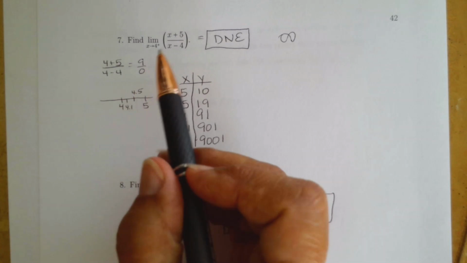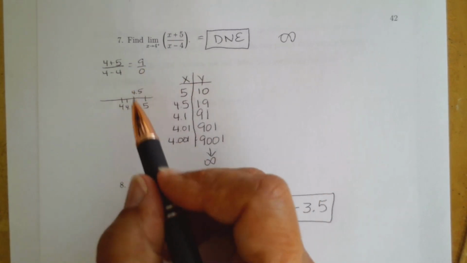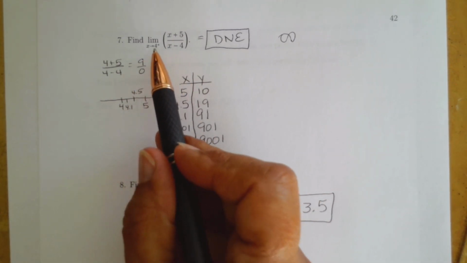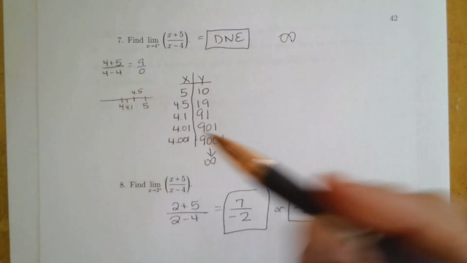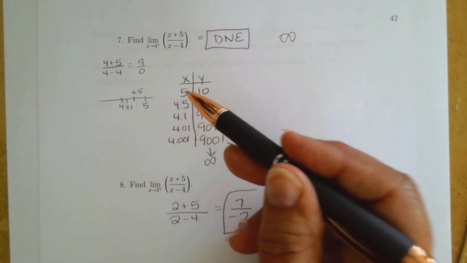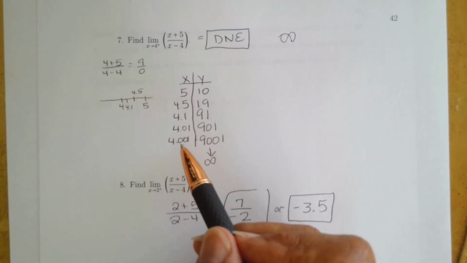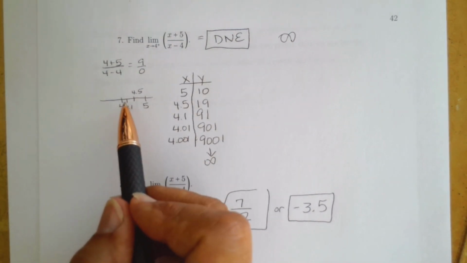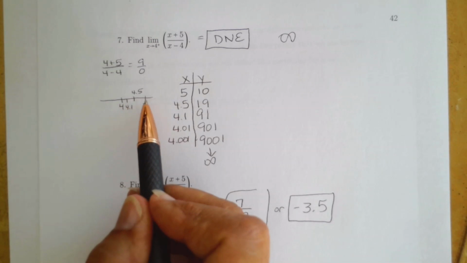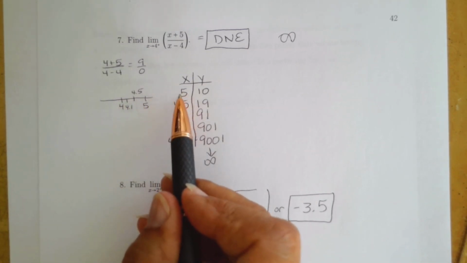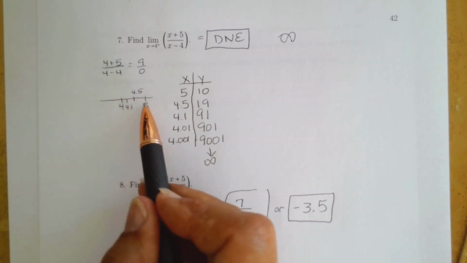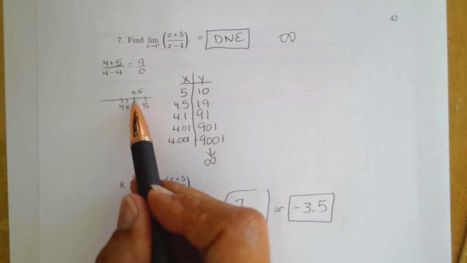So remember when we do the limit, we're trying to get as close as we could to whatever this value is. And in number 7, we went from the right. So you see how we went from 5 and then we ended up at 4.001. So the distance between these 2 points was shrinking, right? The distance between 5 and 4, when I used 5, was 1 whole unit. When I used 4.5, the distance shrunk to 1/2.